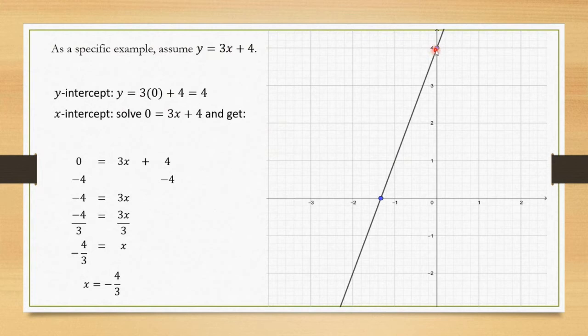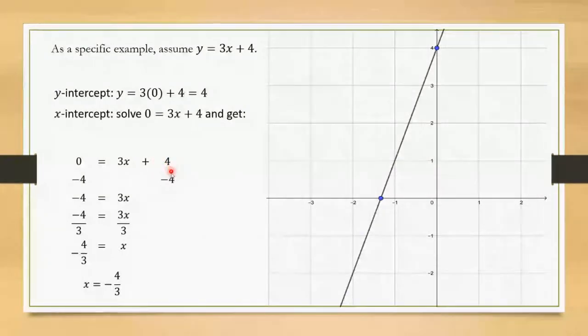The y-intercept is 4. For the x-intercept, again, we want to know when y is 0. So we set y to be 0, and we solve for x. We get x all alone. We subtract 4 on both sides.